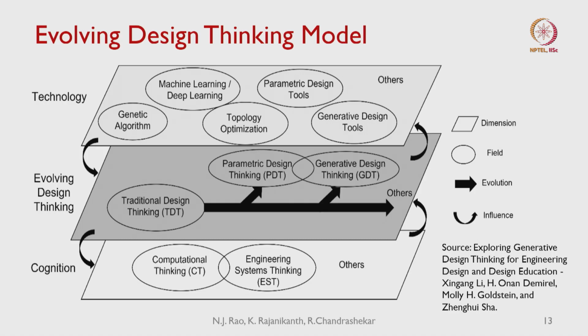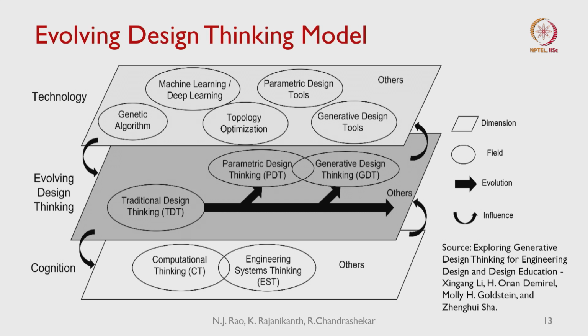All these black arrows show evolution and the other arrows show the influence. You can see that the technology is influencing evolving design thinking if you see the left side of the figure, but on the right side you can see that the evolving design thinking is also influencing the technology.